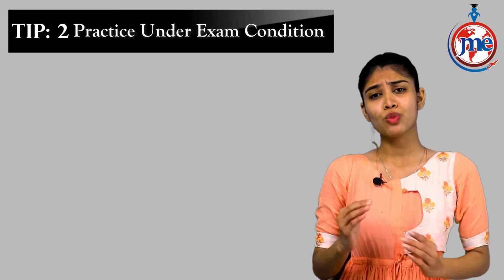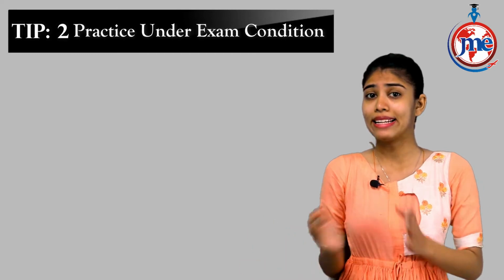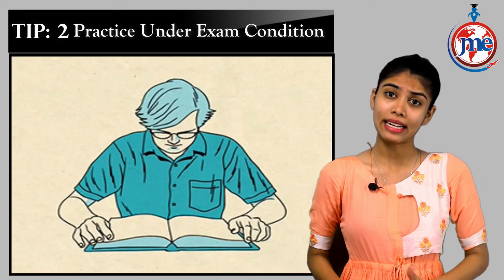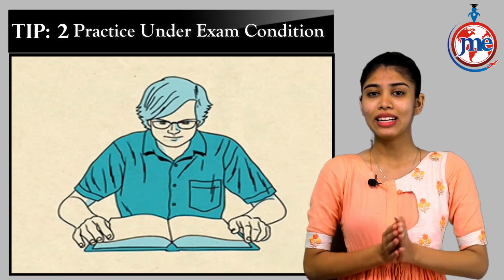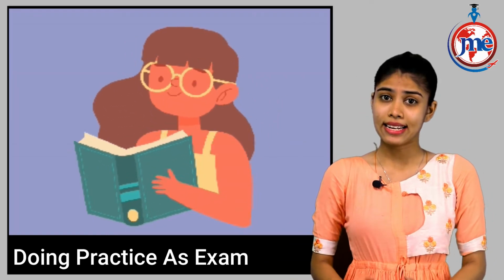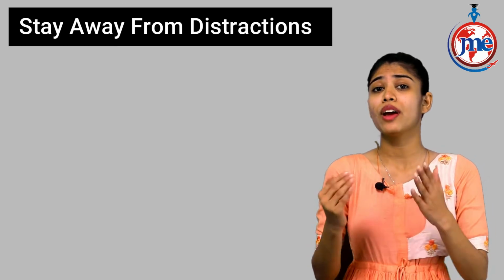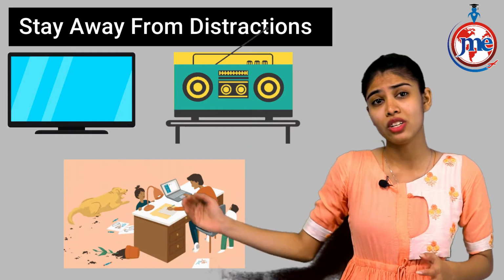Students, when you are practicing for your reading test at home, you have to practice under exam conditions because by that you will get more confidence. And remember that when you are practicing as an exam, you have to stay away from distractions like TV, radio, children playing in the background and so on.